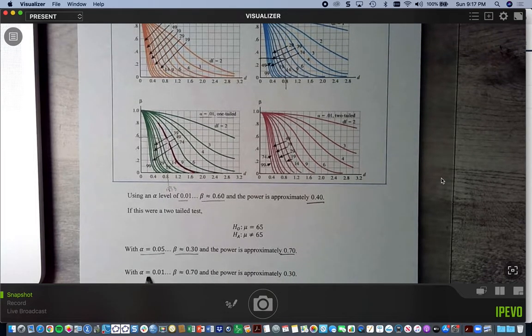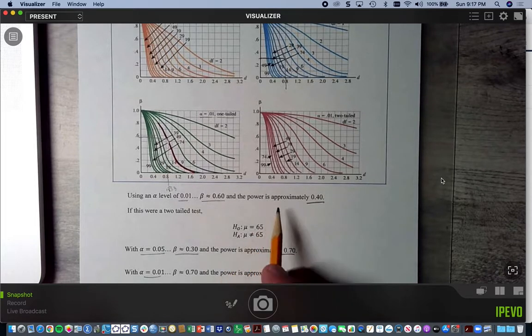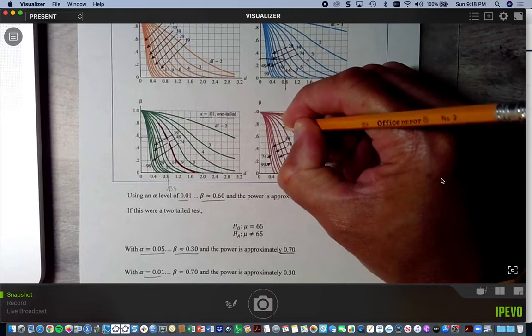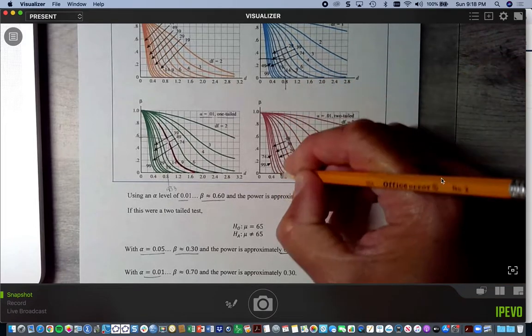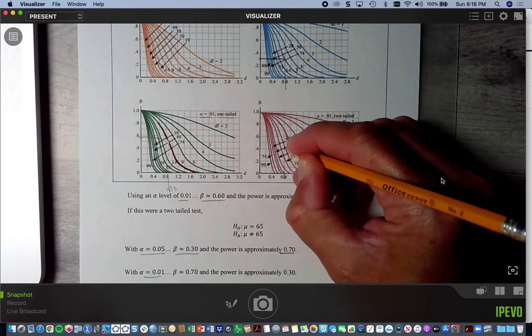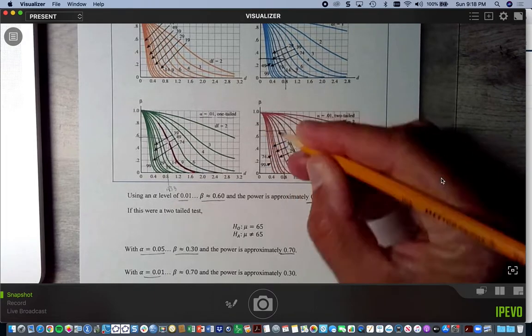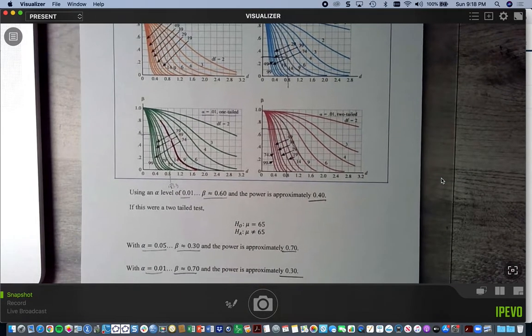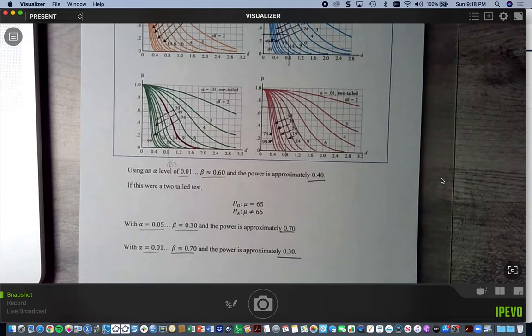And then if we did alpha is 1%, and we've still got 9 degrees of freedom, now we're talking about this curve here, 0.8 something, and then go up and over, we're going to find that beta is 70%, which means that the power of the test is about 30%.